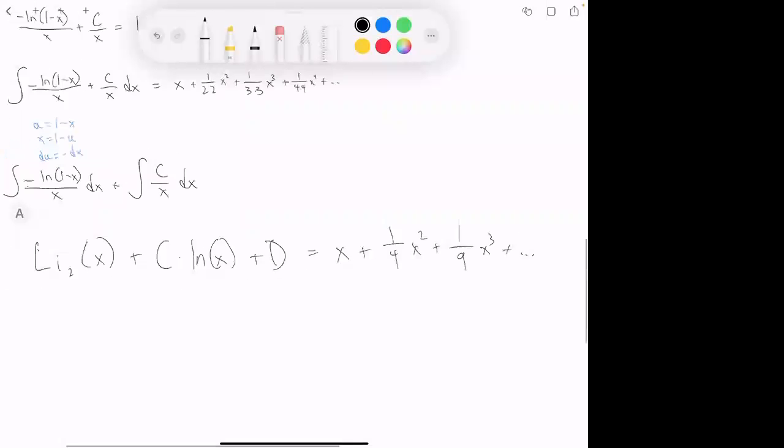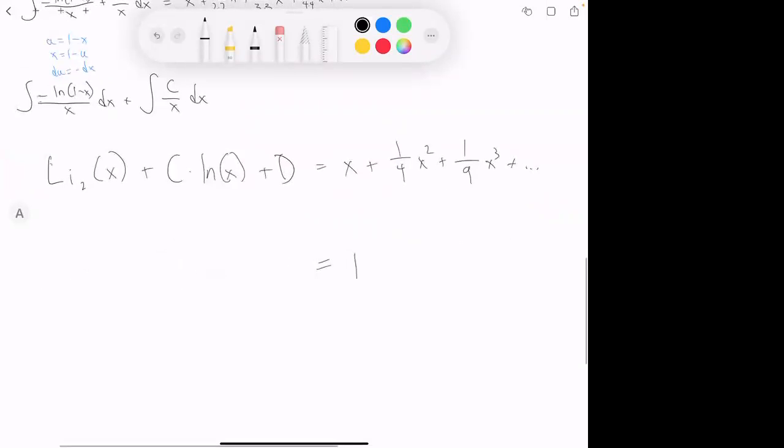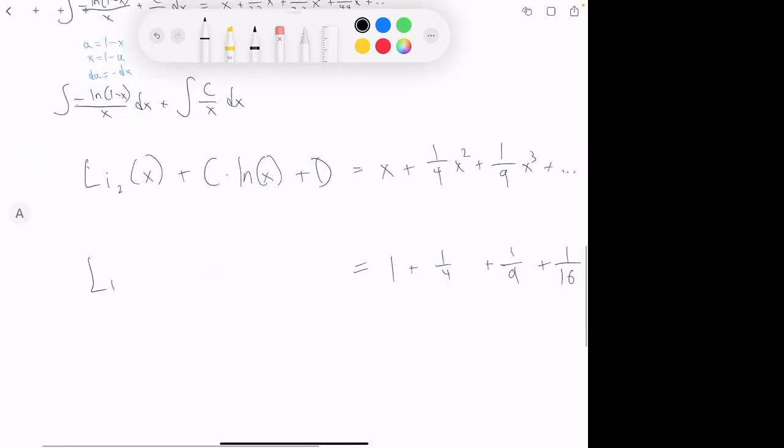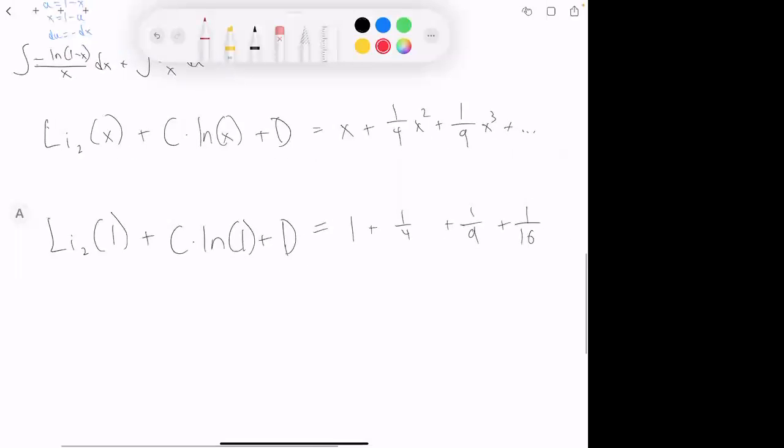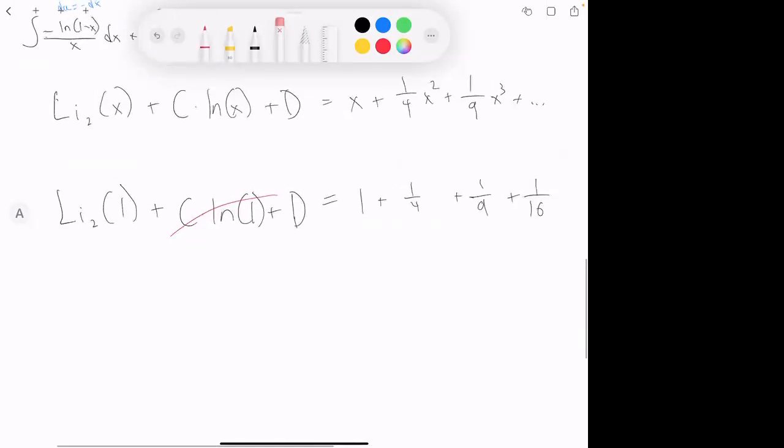And then indeed, if we plug in 1 for x, we would learn that the series that we are interested in is equal to whatever you get when you plug 1 into this function, plus c times whatever you get when you plug 1 into this function, plus d. Now that's 0. The question is this, and this is constant. The question is, is that constant or is that infinite?